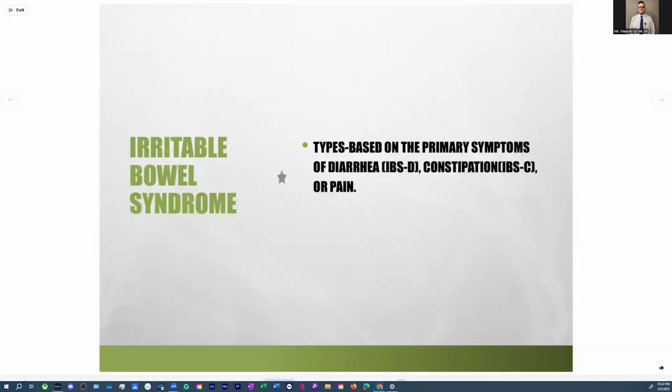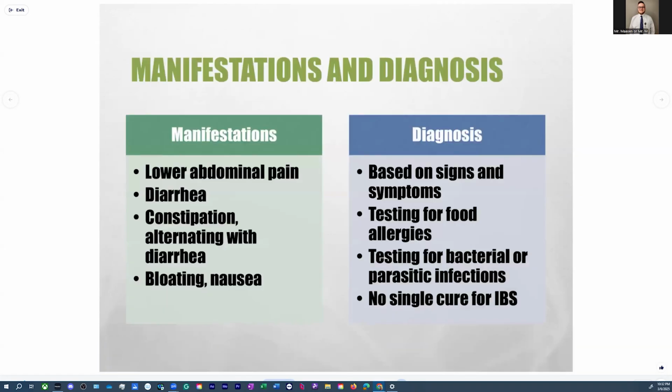IBS is not inflammatory bowel, but irritable bowel is basically you either have IBS-D or IBS-C. IBS-D is based on your symptoms of diarrhea. IBS-C is based on constipation.